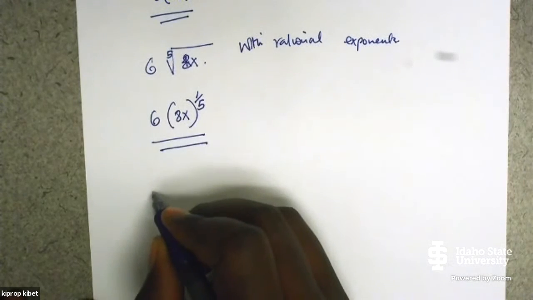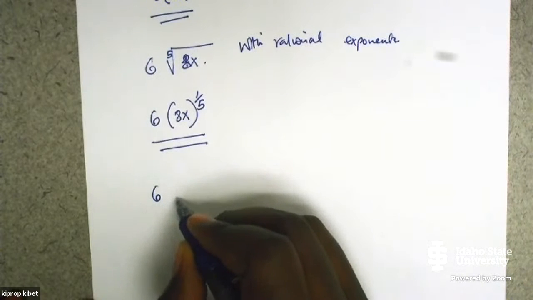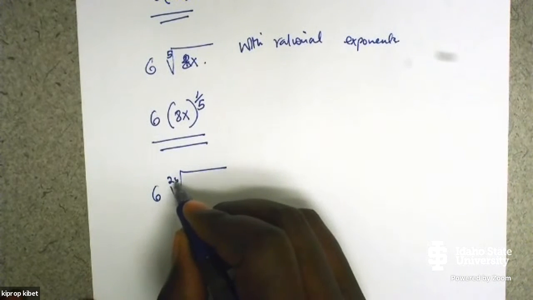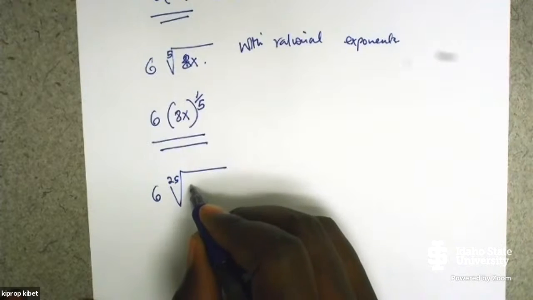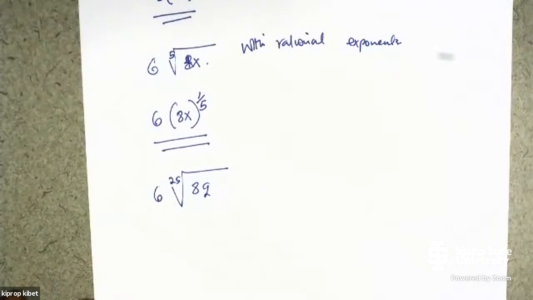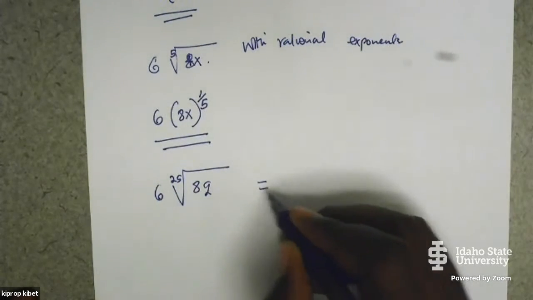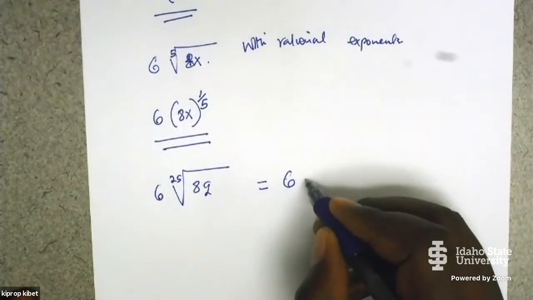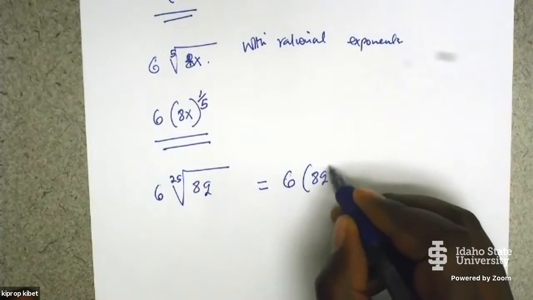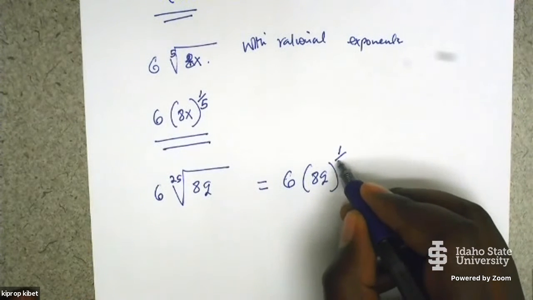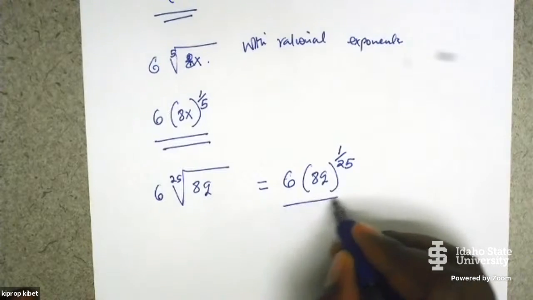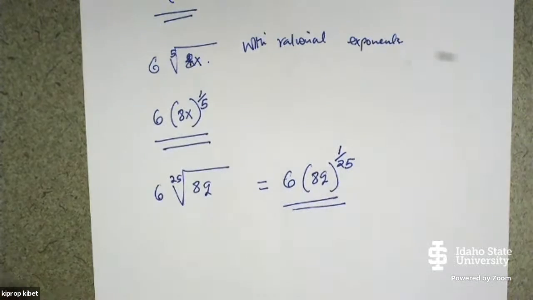Another one, if you have the fifth root of 8 cubed in rational exponent form, this can be written as 8 cubed raised to 1/5.